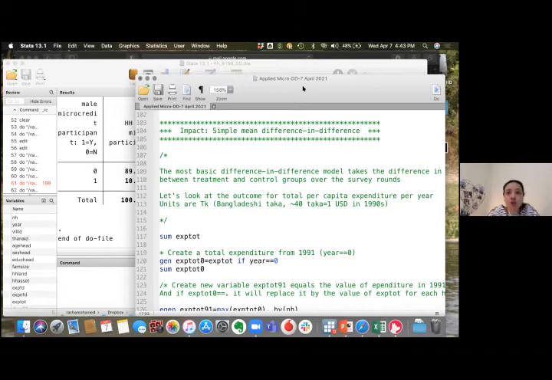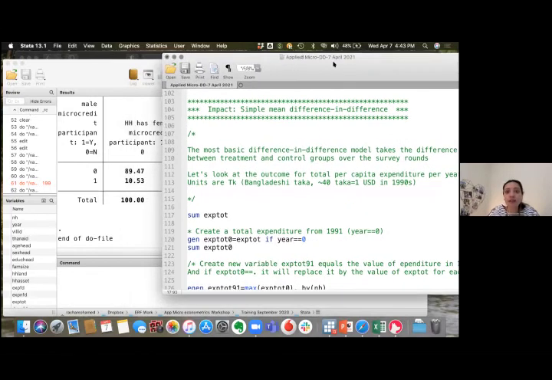So this is one of the basics. We are not really using here the difference-in-differences approach. We are just comparing the average outcome between the two groups. So let's see how we'll do it.